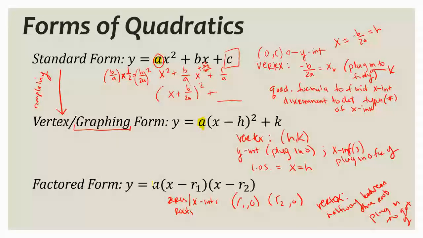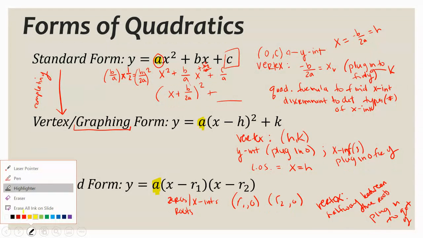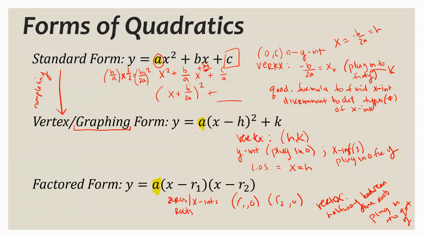And then maybe you can imagine how we can switch between these, right? If I'm going to go from here to here, I probably have to expand, then factor. If I don't have real rational roots, I'm probably not going to write it in factored form. That one's probably the least useful to me.